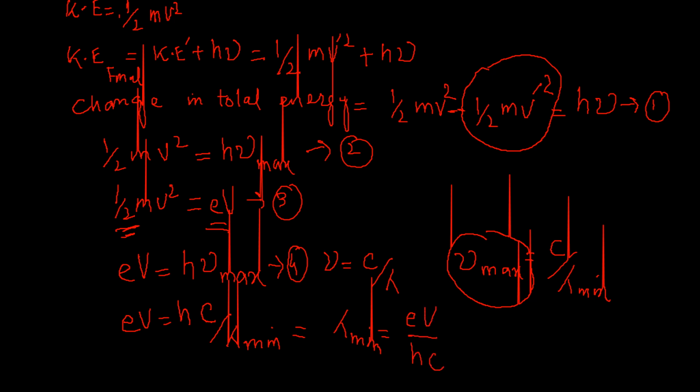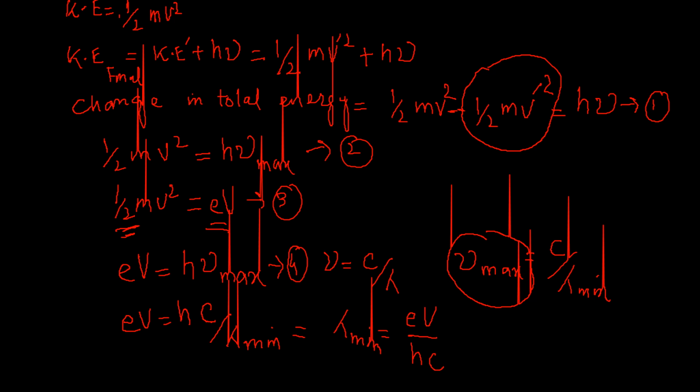Dear student, please note that the terms h, c and e are constants. e represents the charge on the electron, h is the Planck constant and c is the speed of light, which is 3 into 10 to the power 8 meters per second.